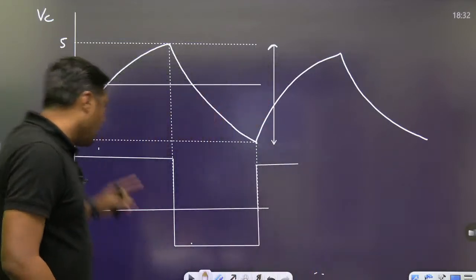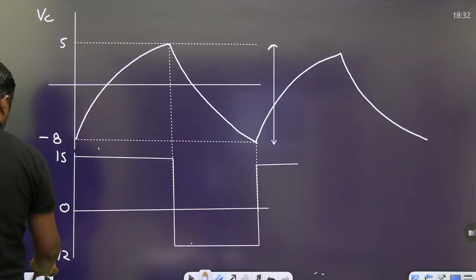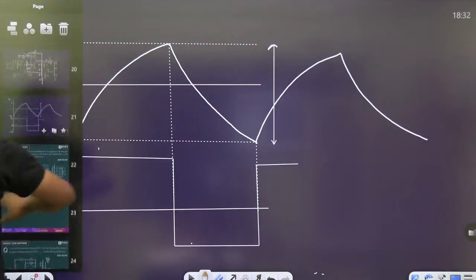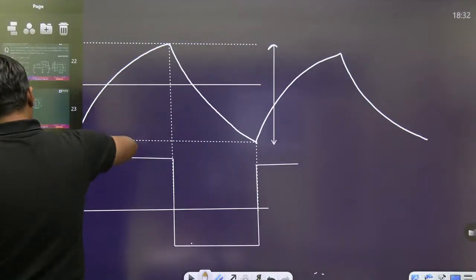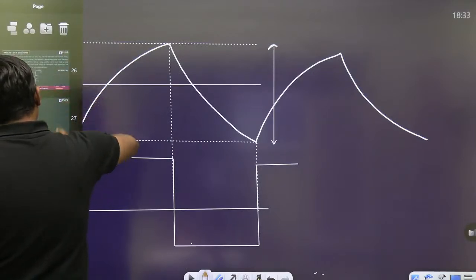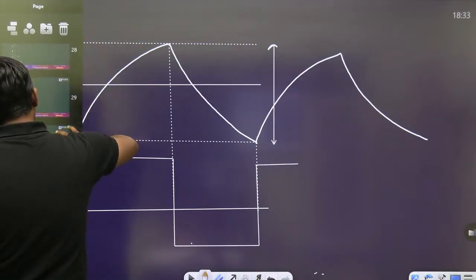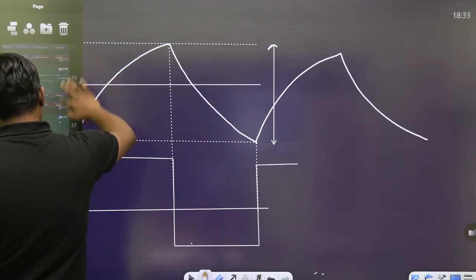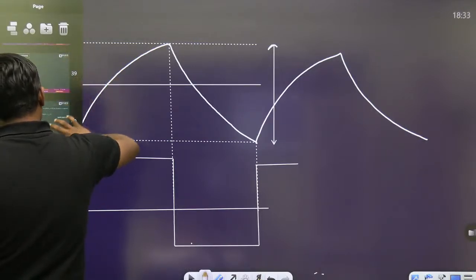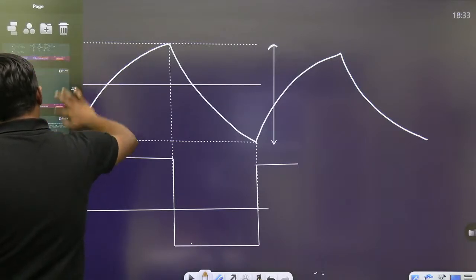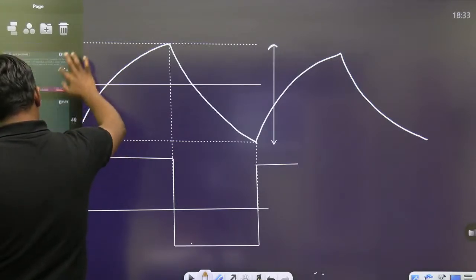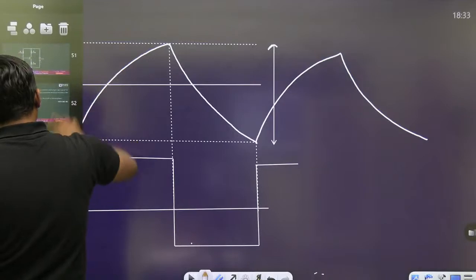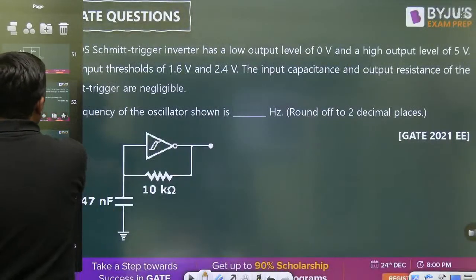Okay. Now I will solve one similar type of question on this diagram in 1 minute only. Dekhiye. This will give you the confidence. We are getting the same type of question. In electrical branch, now this one.